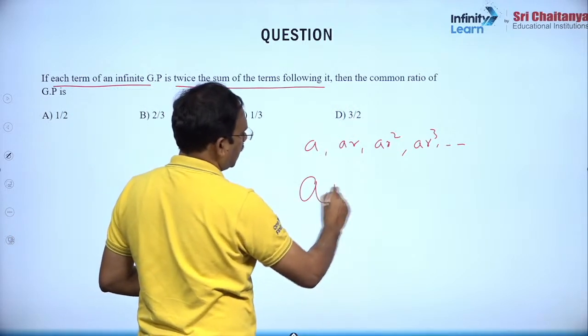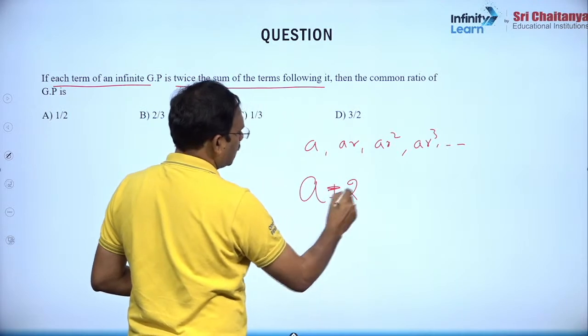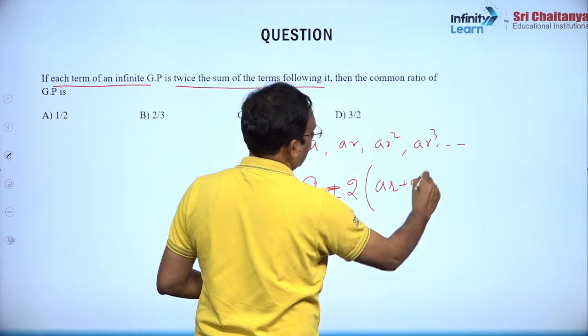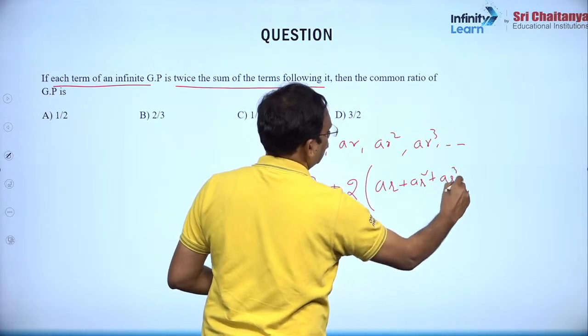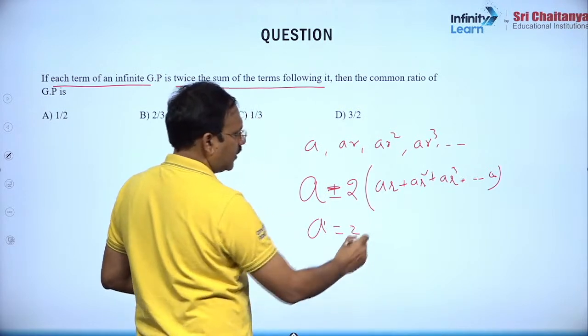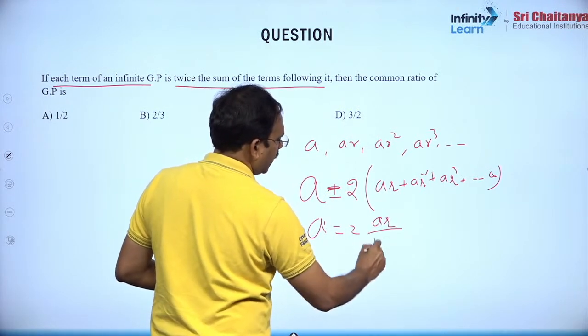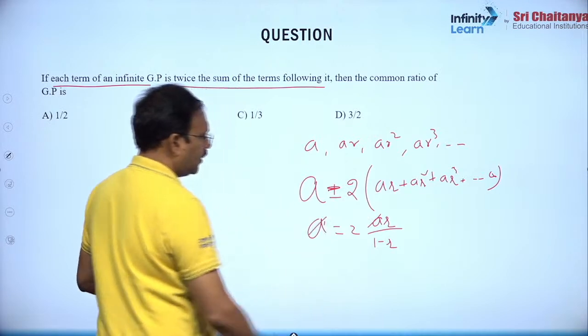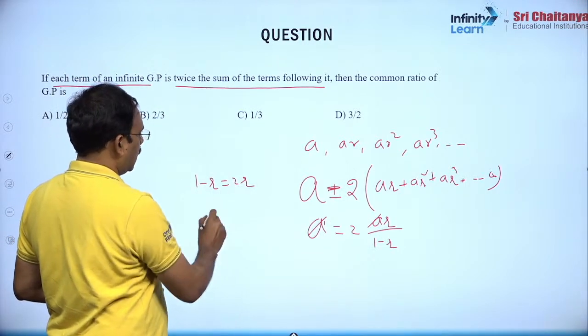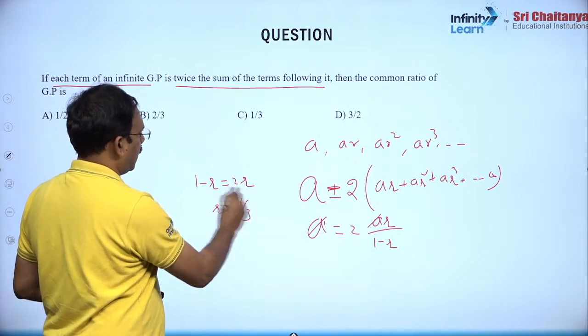So suppose A is equal to twice the sum of AR plus AR square plus AR cube and so on. So A is equal to twice of, it is an infinite GP, AR by 1 minus R. A got cancelled, 1 minus R is equal to 2R, 3R is equal to 1, R is 1 by 3, my dear friends.